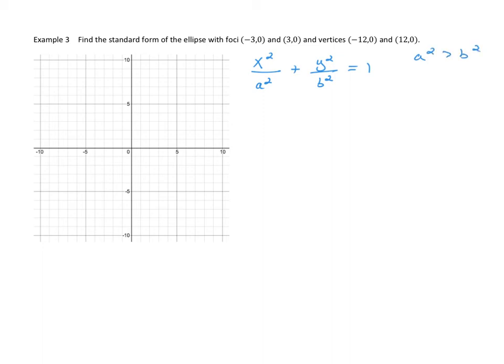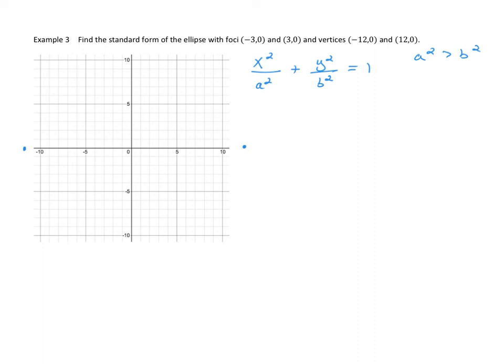Now, the vertices are at negative 12 and positive 12 for x, which is actually outside of the graph that I put on here. So I'll just mark that I know one of them is over here and the other is over here. Now these values are what a is equal to.